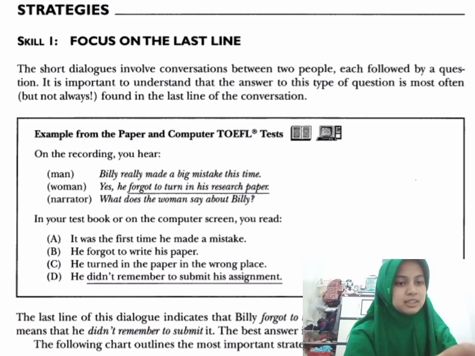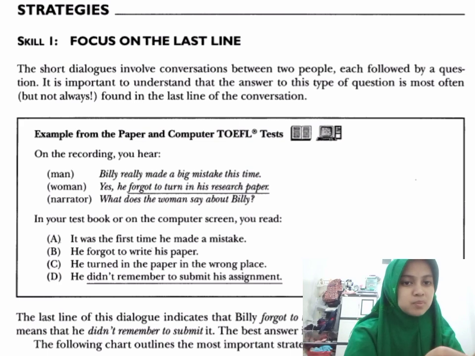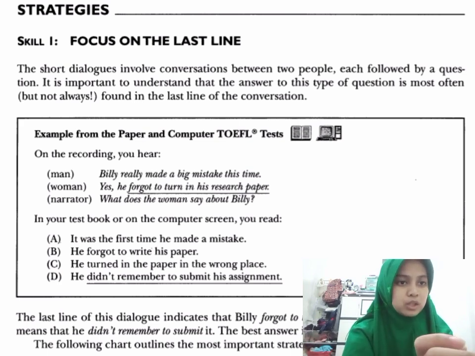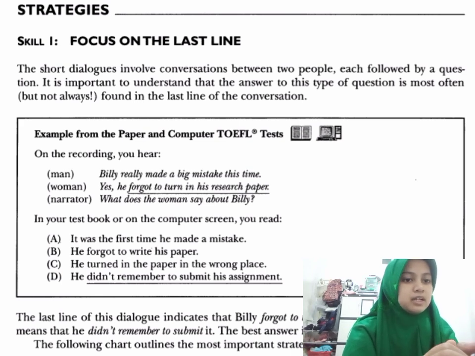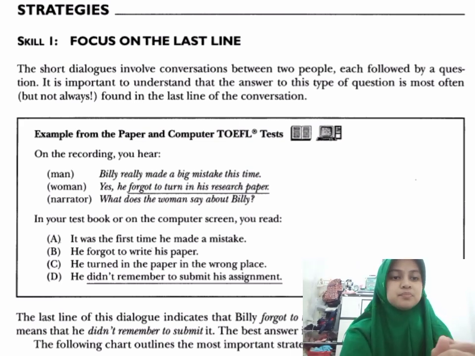And then you will read 4 multiple choices. A, "It was the first time he made a mistake." B, "He forgot to write his paper." C, "He turned in the paper in the wrong place." And D, "He didn't remember to submit his assignment." The correct answer is D.